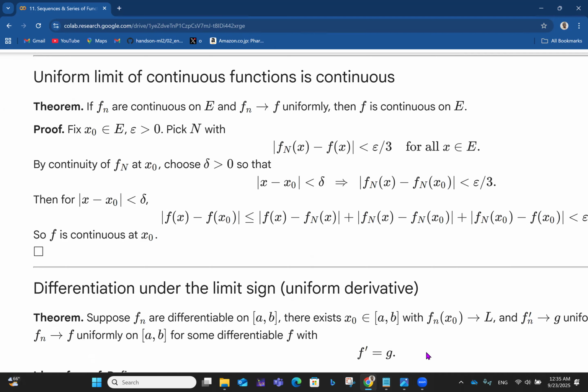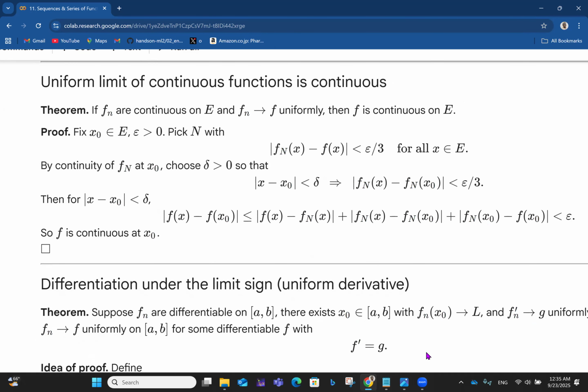That's what this is basically telling us. Therefore, if the sequence fn are continuous on the set E and fn approaches f uniformly, f being the limit, then we say f is continuous on the set E itself, right? So the limit of these continuous functions is actually continuous itself.